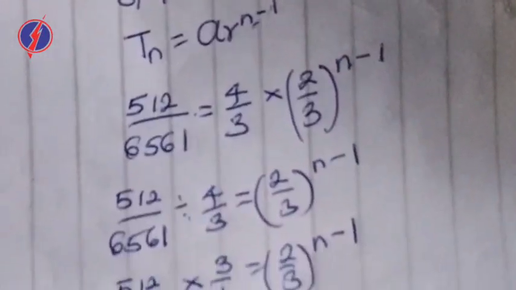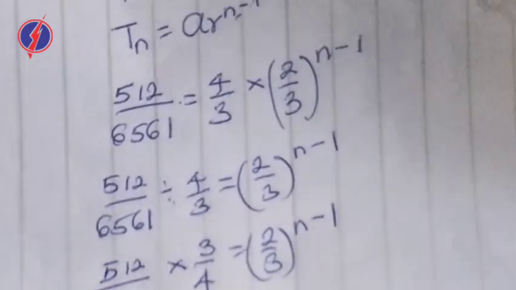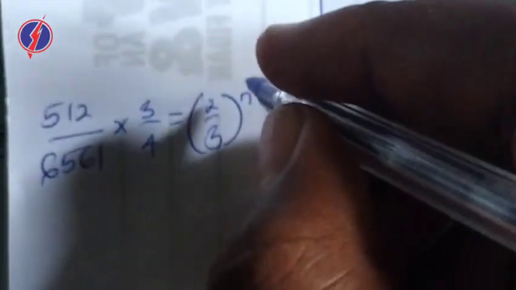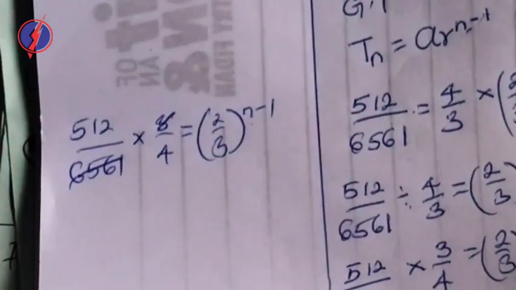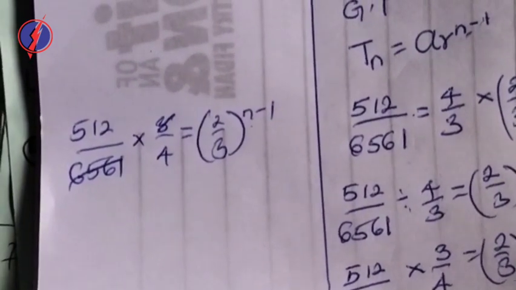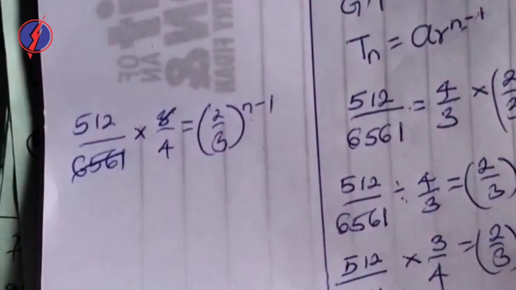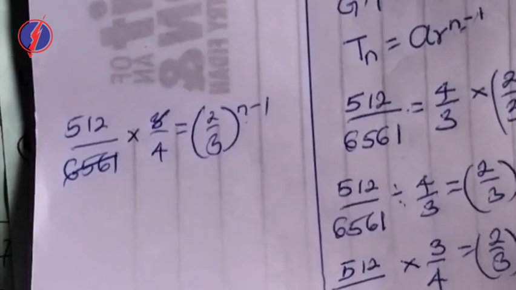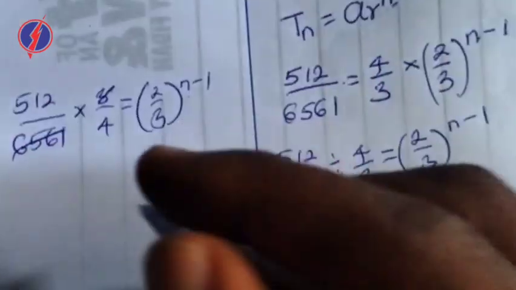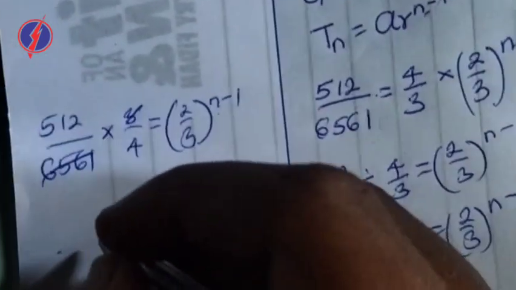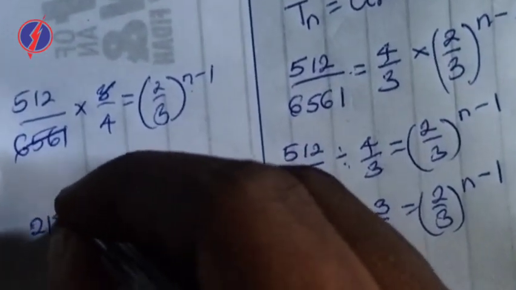Okay, so we're still working. If we continue here now, say here, cancel out, right? When this cancels this, we have 6561 can go into 3, to give us 2187.